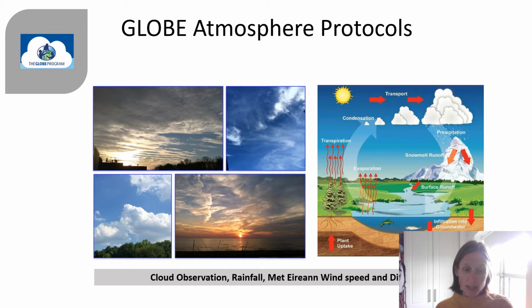If you do a cloud observation with your students, plus or minus 15 minutes of a satellite flyover, the satellite will send you an email with a top-down picture of the clouds, and it'll give you a rundown of what cloud features, shapes, and heights it observed, and you can compare it to yours. So it's a really nice way to keep the atmosphere in the student's mind while they're measuring one aspect of it.